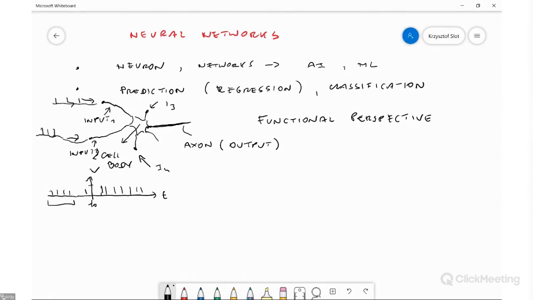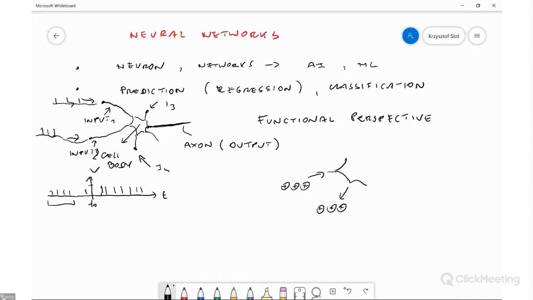And the information that a neuron processes can be thought of as this charge that is being delivered or drained from a neuron. Because if I have this cell, I can either deliver charge or I can drain charge. So I can either inject charge or ions, or I can remove ions.